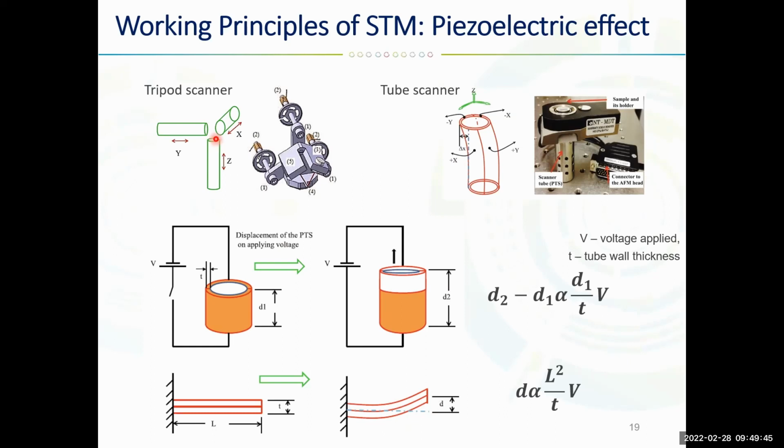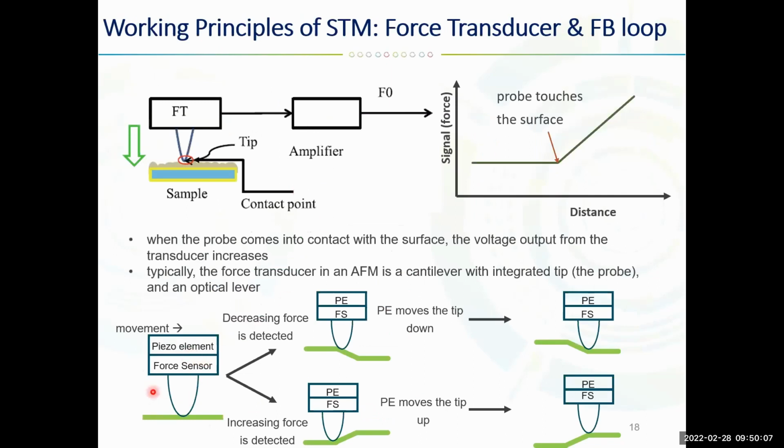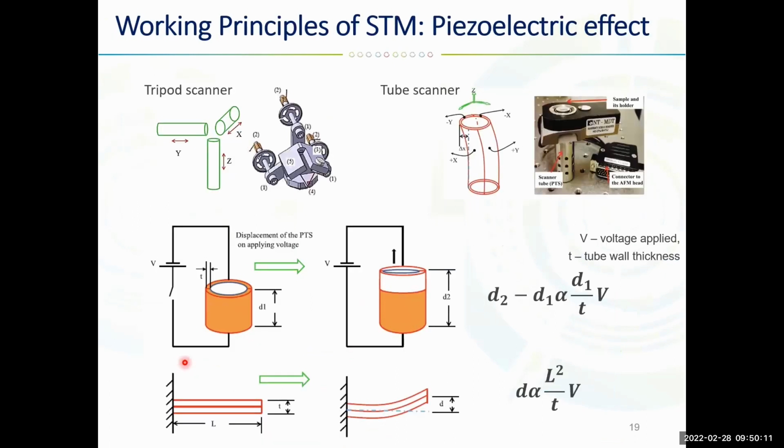In STM, different types of piezoelectric elements can be used. Originally, they used a tripod scanner as depicted here. It has 3 axes, and that's how the element was navigating along the surface here. So the piezo element depicted here is the same thing as this tripod scanner or tube scanner.